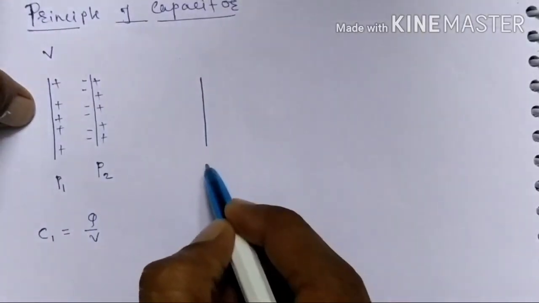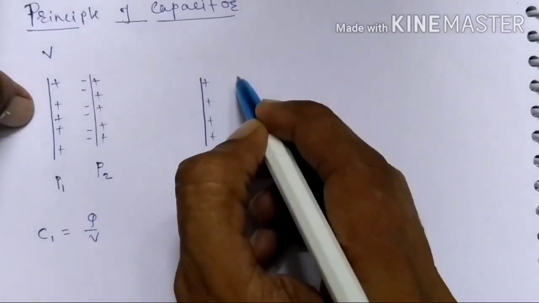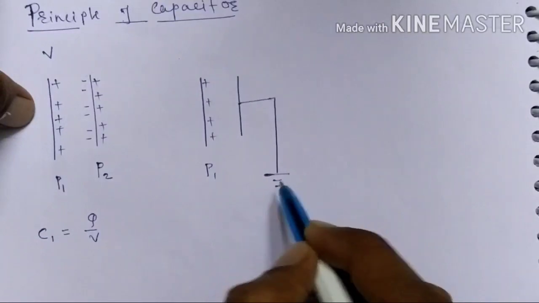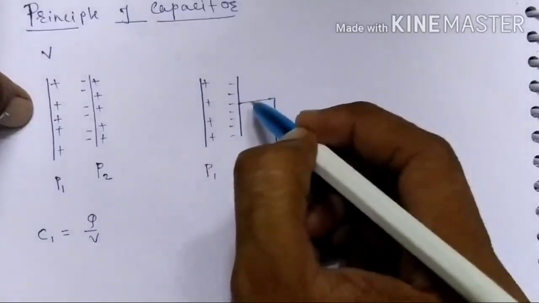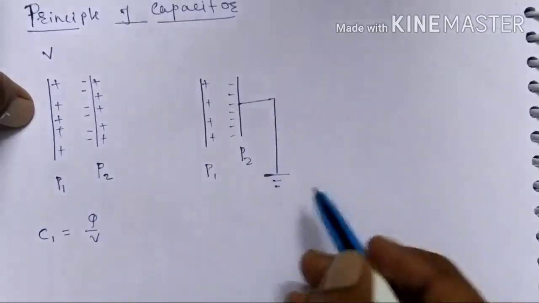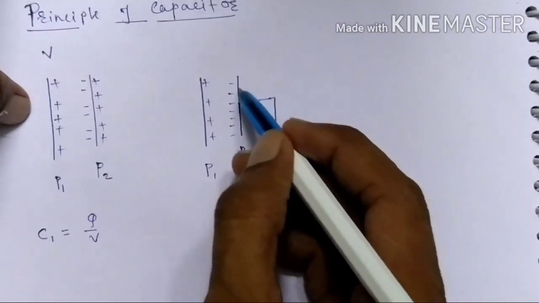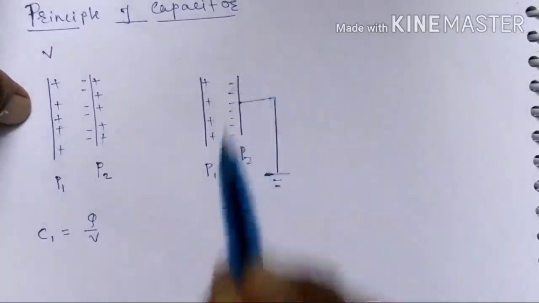Now the plate P2 is grounded. What does that mean? Suppose again plate P1 has positive charge. Now plate P2 is connected to ground. As plate P2 is connected to ground, it draws negative charge from the ground, and the positive and negative charges cancel each other. So only negative charge remains on the inner side of plate P2.